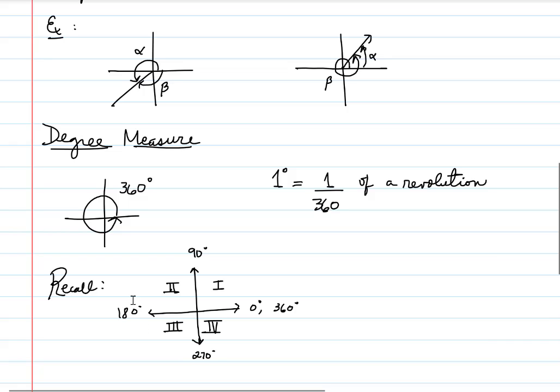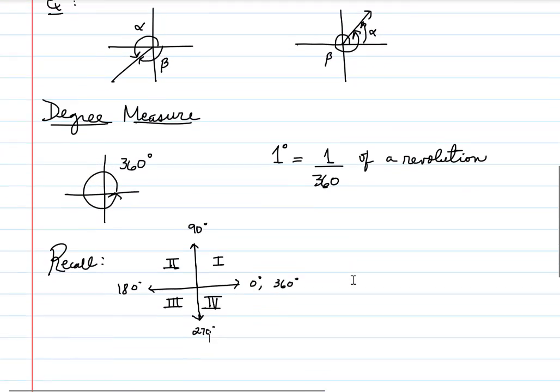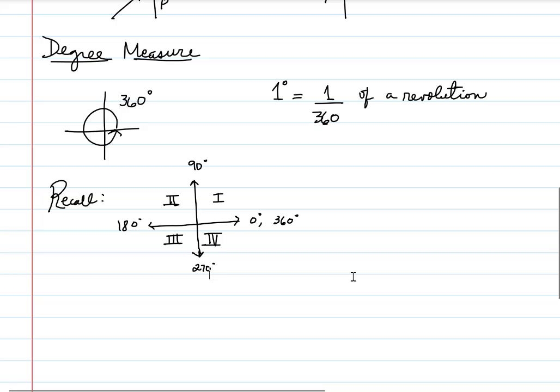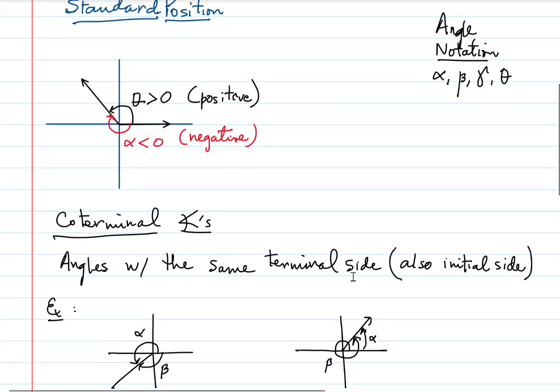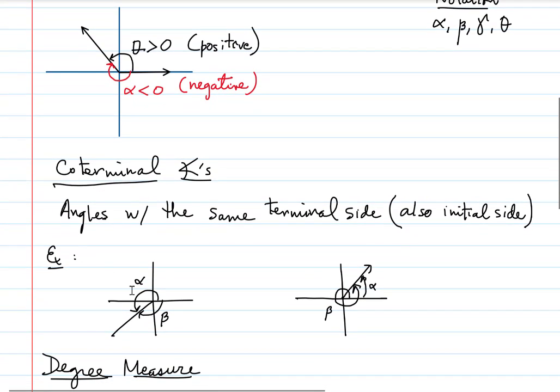Now, knowing what degrees are, we can try some examples with coterminals. How do we find coterminal angles? Let's go back to what we defined, coterminal angles. See if you can see the pattern.